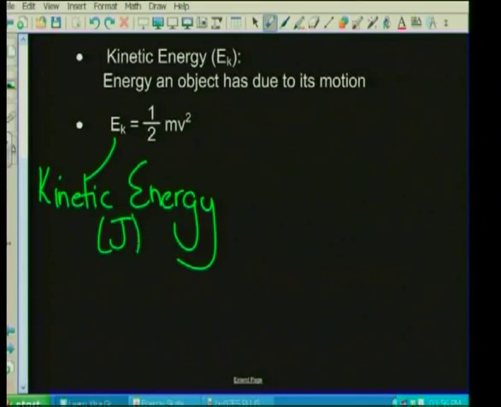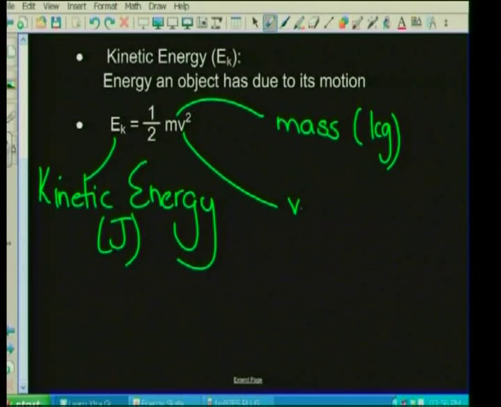Kinetic energy, just like potential energy, is measured in joules. A half is a half, okay, it's a constant. M is mass, measured in kilograms. V is velocity, though a lot of times they'll describe it as having a speed.